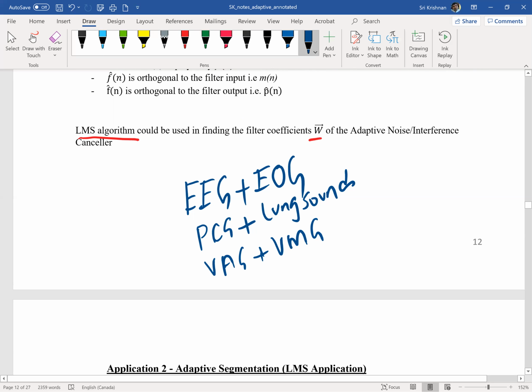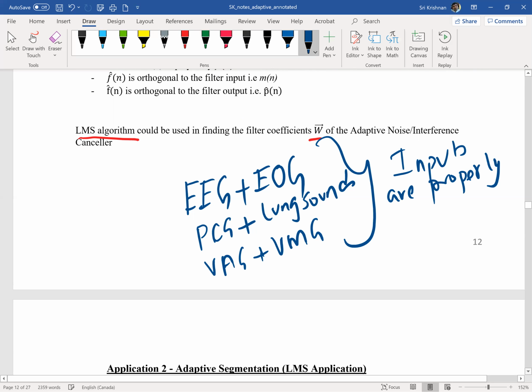Okay. Now, when we're doing this, similar to what we have seen with the adaptive filter, all you have to do is ensure that the inputs are properly given to the filter, and you need to select the right filter order, so that you know how many Ws you need.